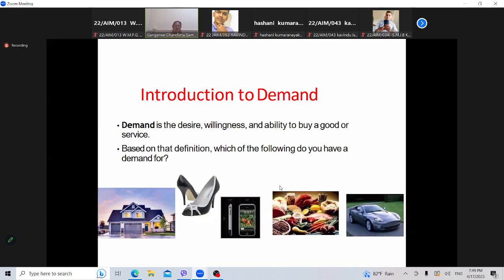You are getting education service, extension service, medical service. So these all are services. Even transport is a service. If you have the ability to go and take medicine, that's a service. If you have ability, willingness and desire to take 1,000 kilos of potato, it's a demand.